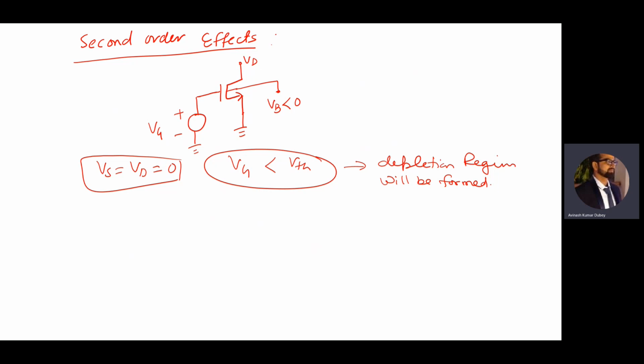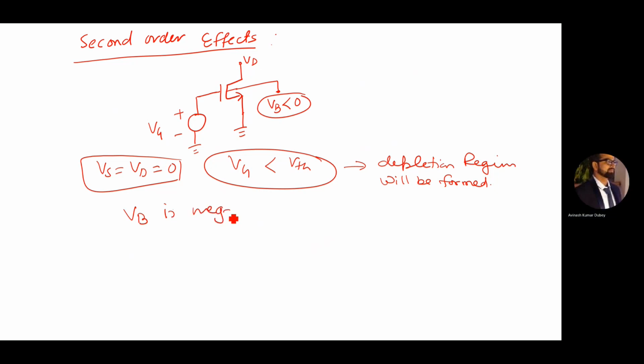Now if Vb is negative, Vb less than 0, what will happen? More holes will be attracted toward the substrate. Holes in the p type substrate will be attracted towards the substrate connection, and therefore a larger negative charge will be generated near the gate.